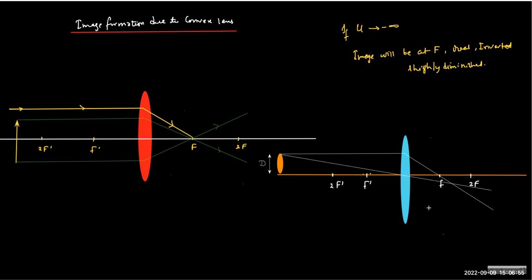Okay, this is the wrong diagram, so let me make the diagram correct, because the intersection should be at F, actually slightly below F. Maybe I'll just modify it somehow. This will go like this. Oh, my bad.